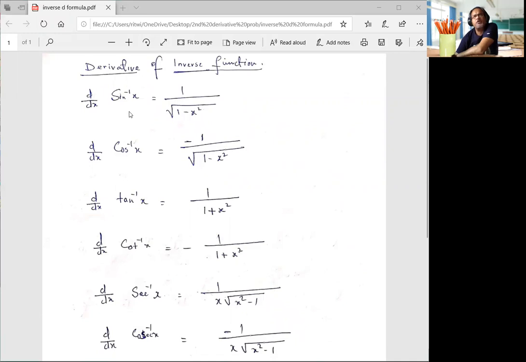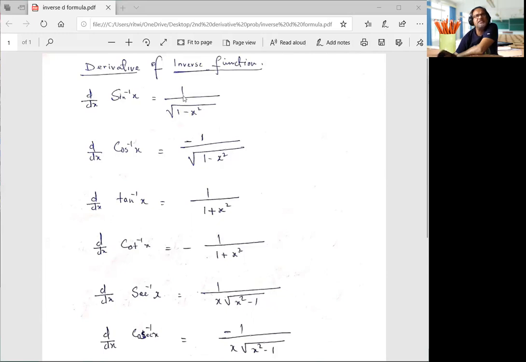Now the first formula, sine inverse x derivative. d/dx is the operator. So the derivative of sine inverse x is 1 by root over 1 minus x square. So you write down in your copy. And d/dx of cos inverse x is the same thing, 1 by root over 1 minus x square with a minus.